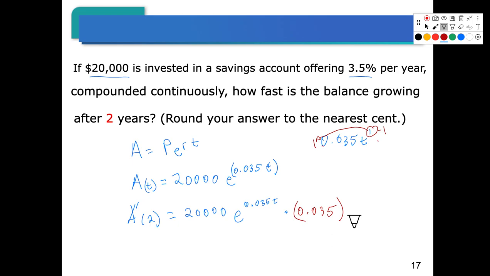There's our rate, isn't it? So it's like this part, because what are we going to do? We're going to take 20,000 times 0.035, and that's 1 year of interest, right?